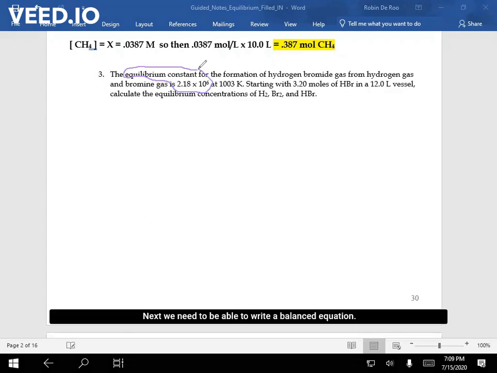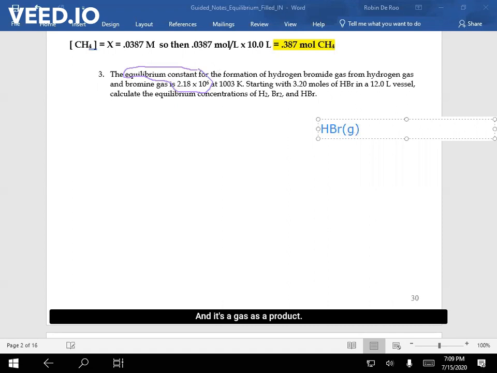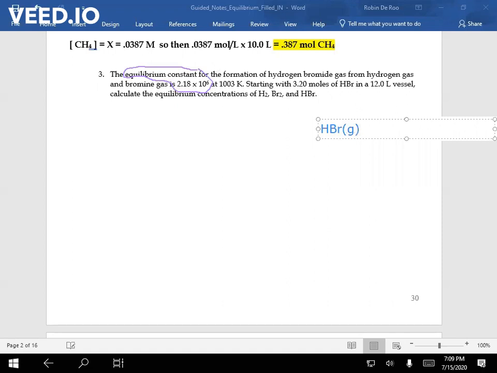Next, we need to be able to write a balanced equation. So we have to look at the words and translate them into a formula equation. It says for the formation of hydrogen bromide. So that means that we would have hydrogen bromide, and it's a gas, as a product.